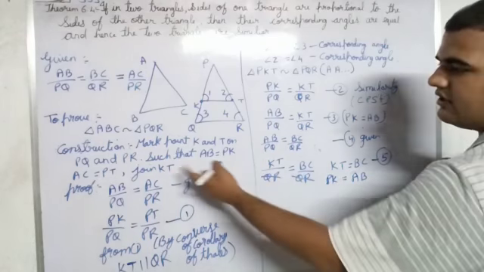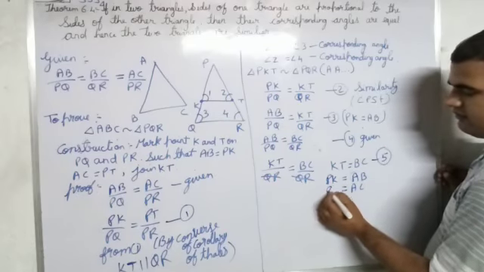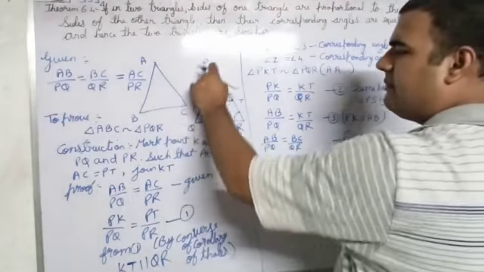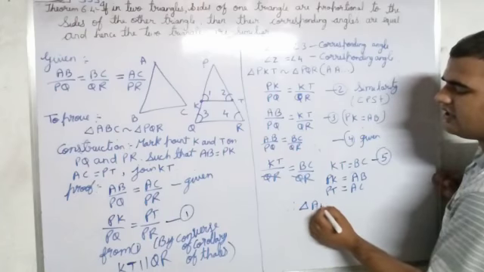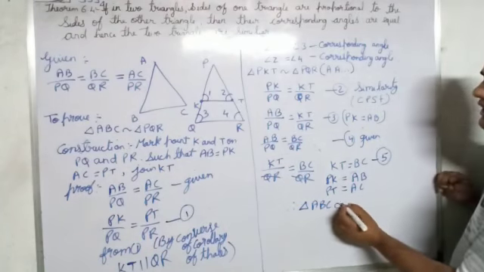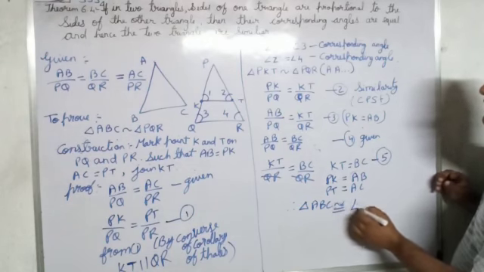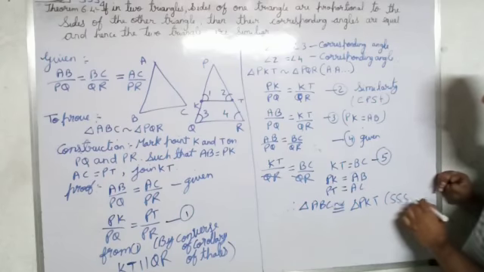Then construction only: AC equals PT. These are sides of which two triangles? See, ABC and PKT. We can say therefore triangle ABC is congruent to triangle PKT by SSS criteria.